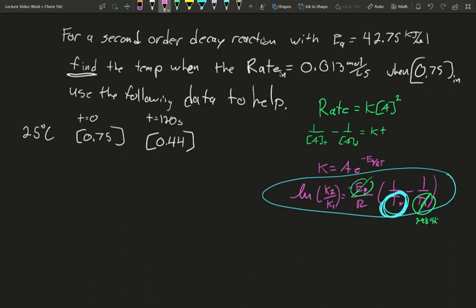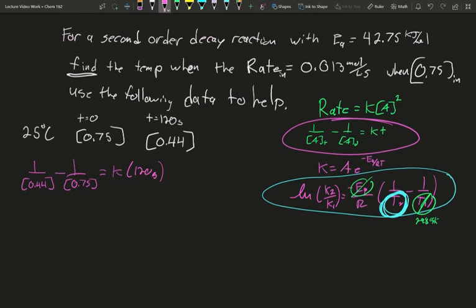So let's solve, first off, K1. To do that, I'm going to use my integrated rate law. So 1 over 0.44, concentration at time, minus 1 over 0.75, concentration initial, must equal kt. We know the time was 120 seconds.